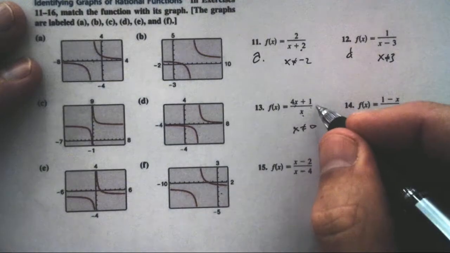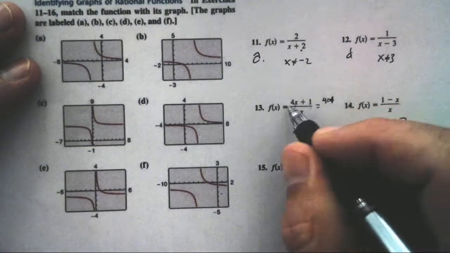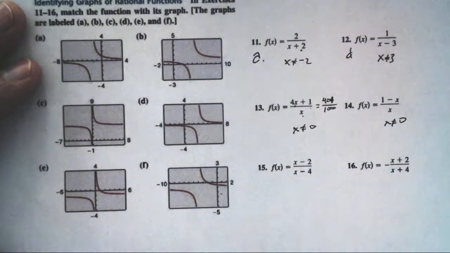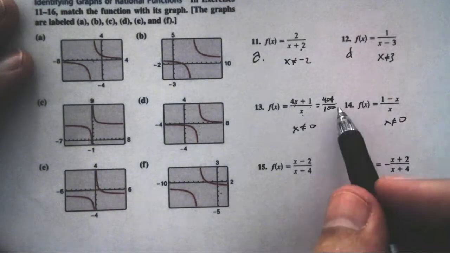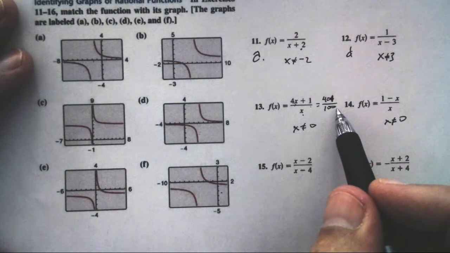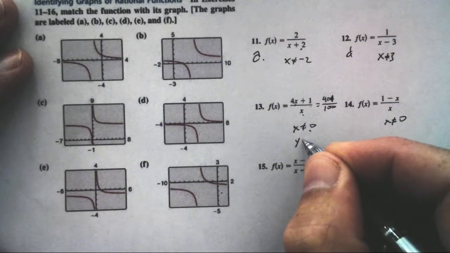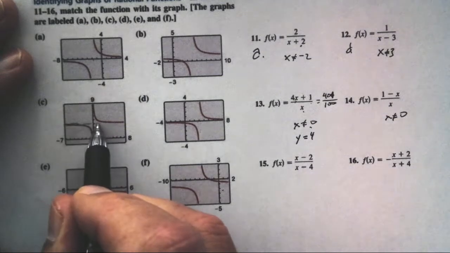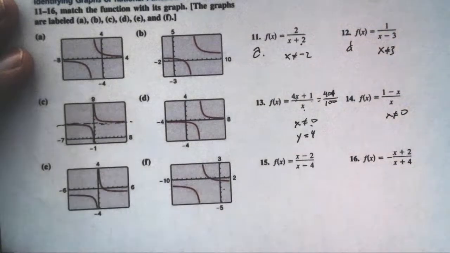By the time I put in 100, I get 401 on top over 100, which is basically 4. We're getting pulled into 4. So we're looking for a horizontal asymptote at y equals 4. So here is y equals 4. It looks like that graph pretty quickly takes on the value of 4 to the right and left.